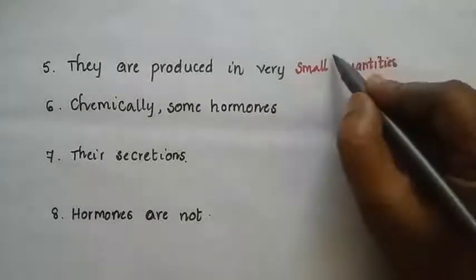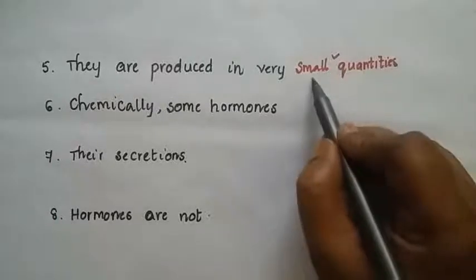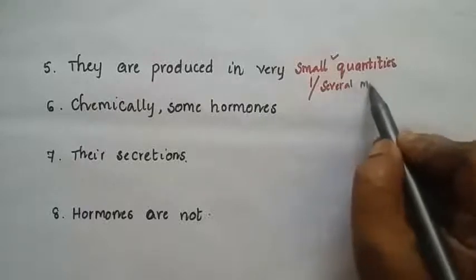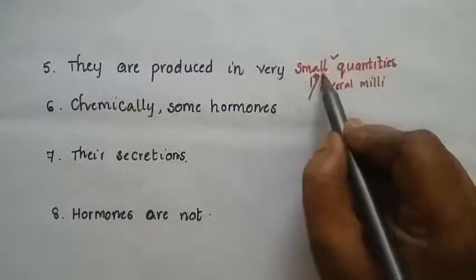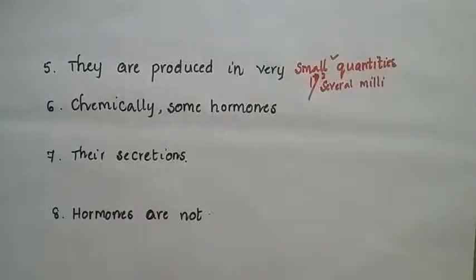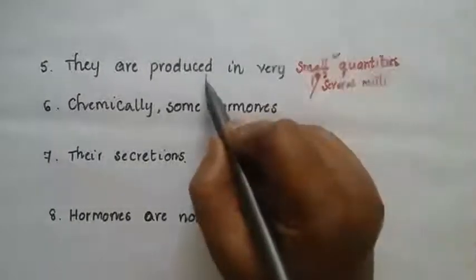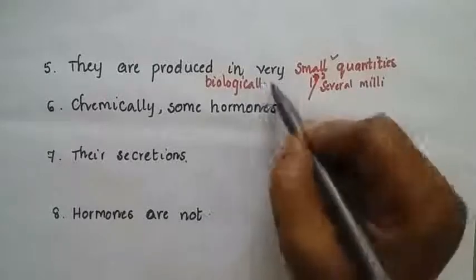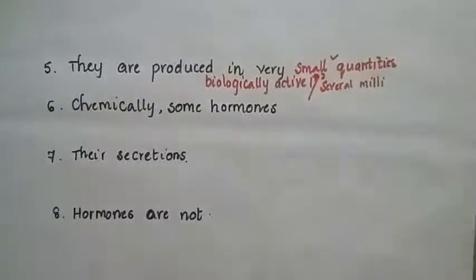Maybe I can say 1 part out of several million is sufficient to bring about a change. Even if it increases by 2 parts, you can find a lot of change in the function brought about by these hormones. So though they are produced in small quantities, they are very, very active. What do we call it? They are biologically active, bringing major changes in our body if there is a slight increase in the secretion of these hormones.